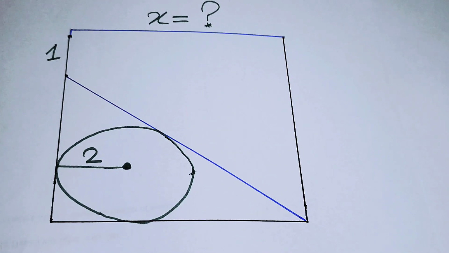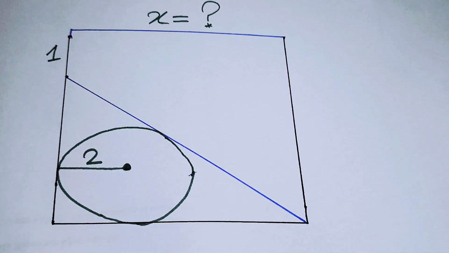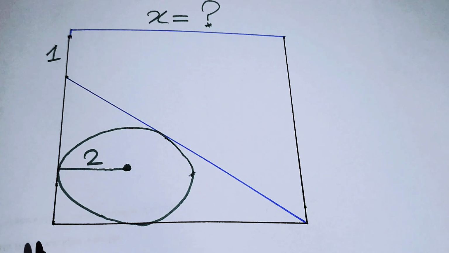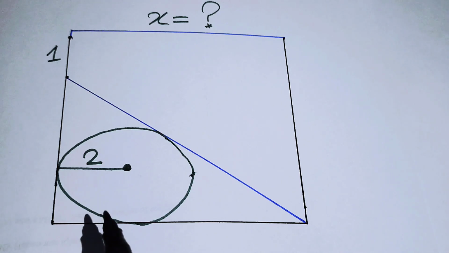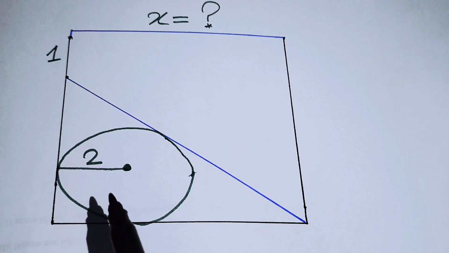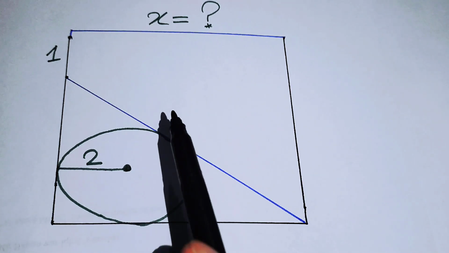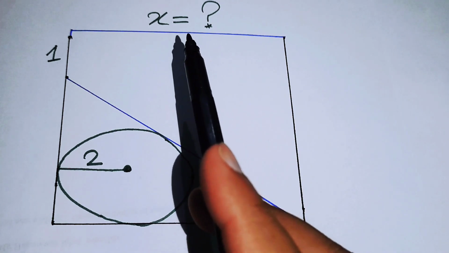In this video we are going to solve this nice geometric problem, and we are going to find the side of the square. You know that the length of all the sides of a square are the same, so here the length of this side is x.